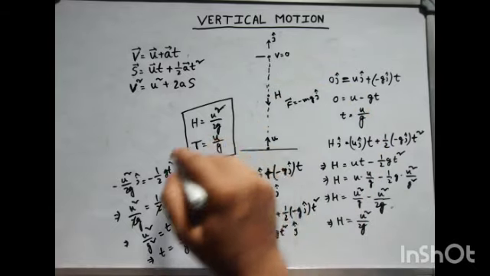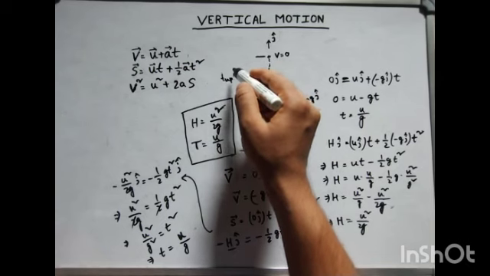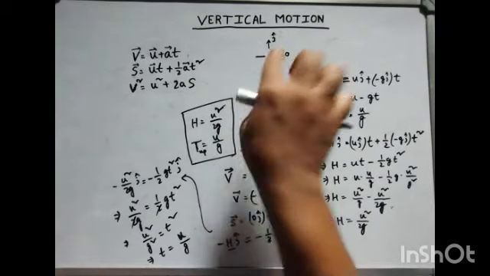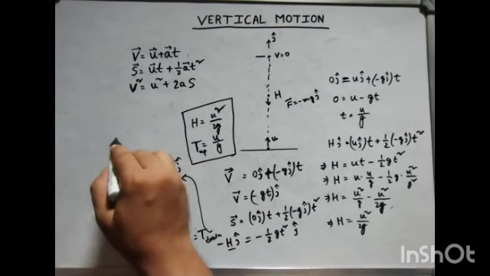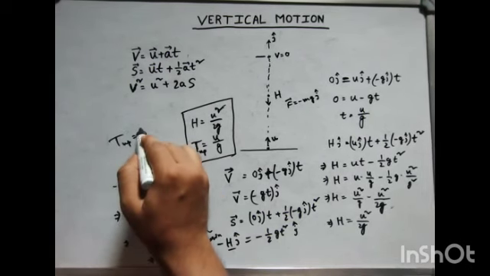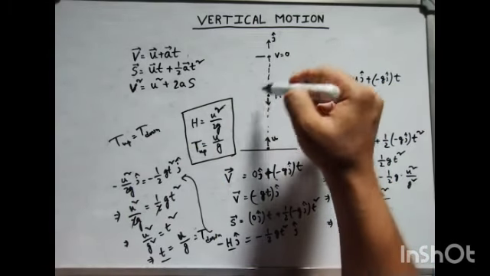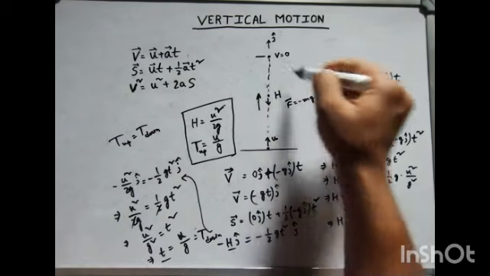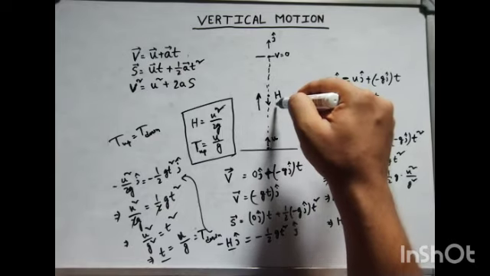Suppose you say this as t up, and this time as t down, so t up will be equal to t down. That means the time it will take to reach upwards from ground to upmost point will be same when it is falling from upmost point to the ground.